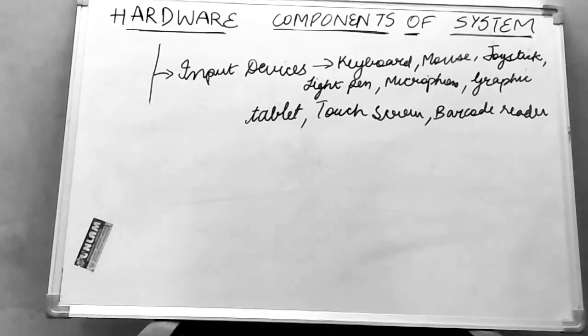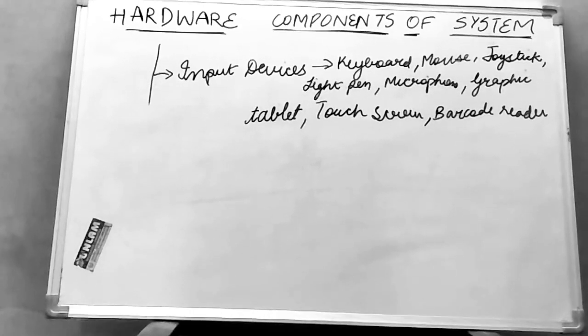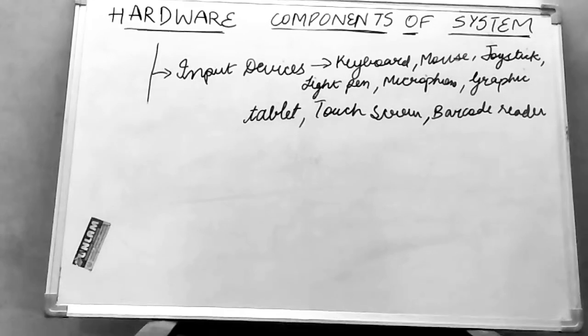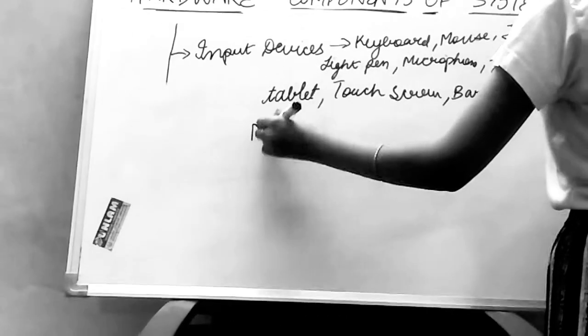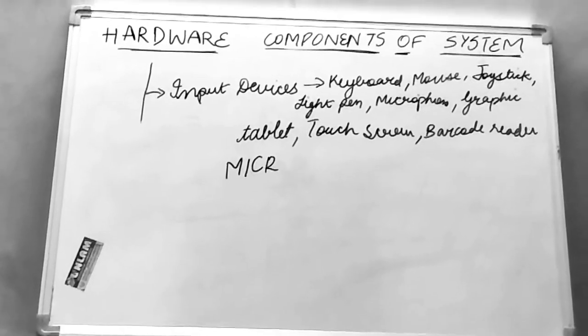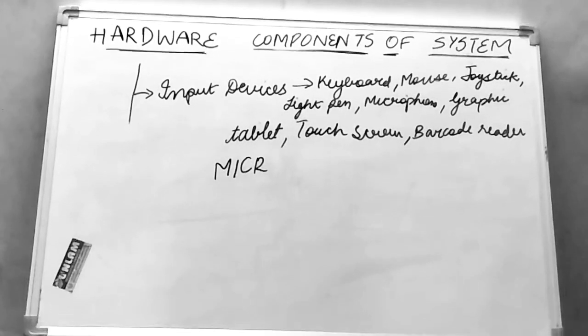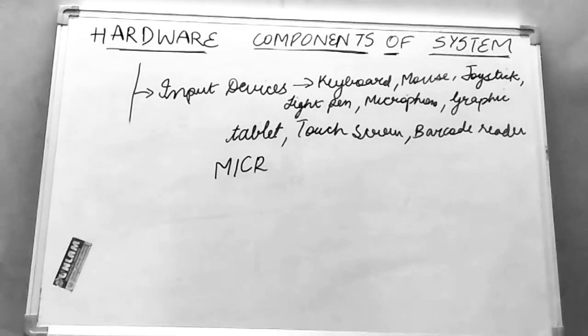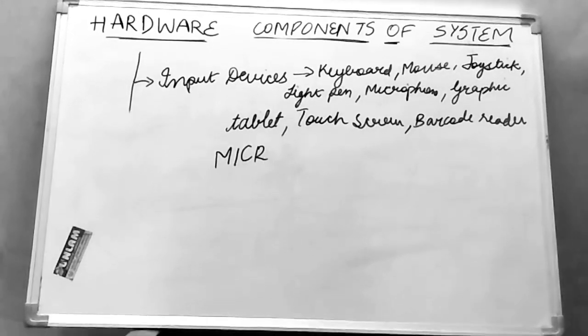We are having many of the input devices like MICR also. So now what is the full form of this MICR? That is magnetic ink character recognition.